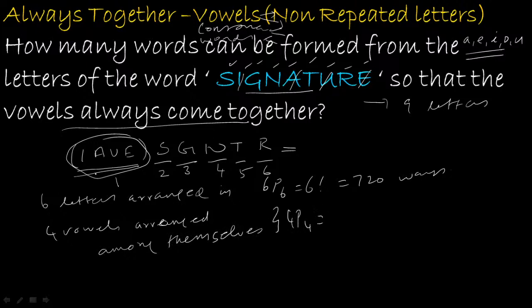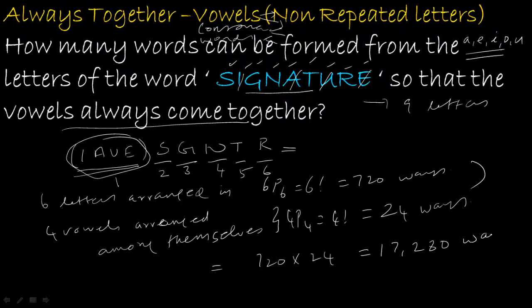That is 4 factorial, isn't it? 4 among 4, that means 4P4, that is 4 factorial, which means 24 ways. So the required number of ways the words can be arranged is the product of these two, 720 times 24, that is 17,280 ways.